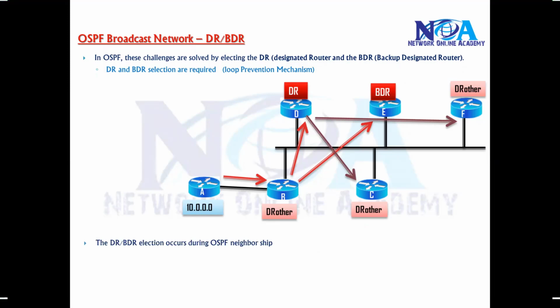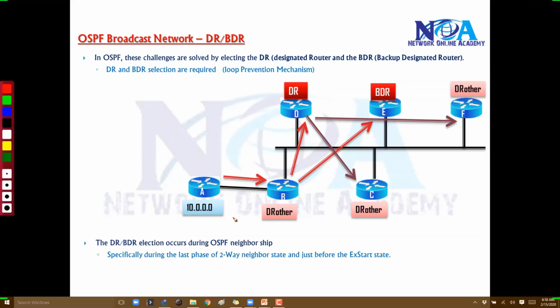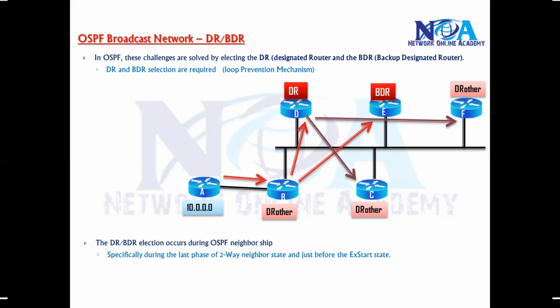The DR-BDR election occurs during the OSPF neighborship. In general, when we discussed the different states previously, it occurs in between the two-way and the exstart stage, probably in between that process. It will do that process at that point of time only if it identifies the network type as a broadcast network. And as I said, all the neighbor routers will form full adjacencies with the DR and BDR only.